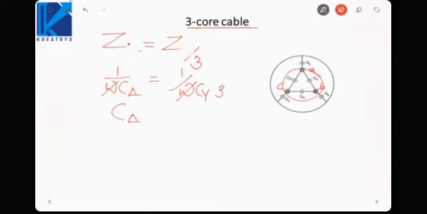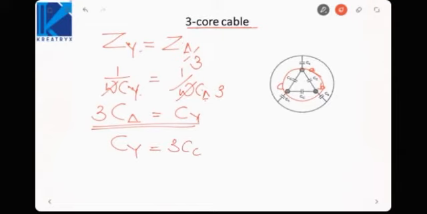Z star will be Z delta by 3. So it implies 3C delta will be equal to C star. So when we go from delta to star, the capacitance formed in star will be 3 times CC. Then how will my connection look?